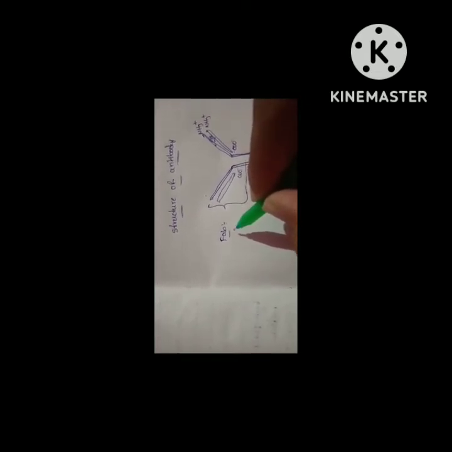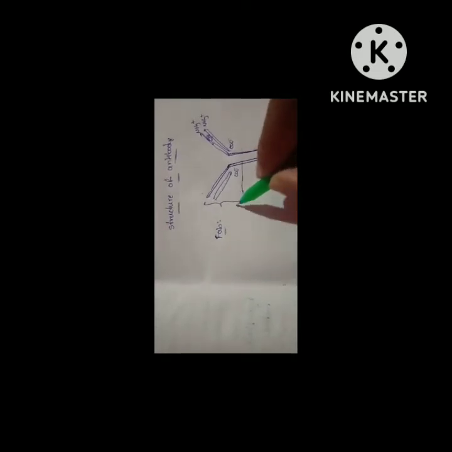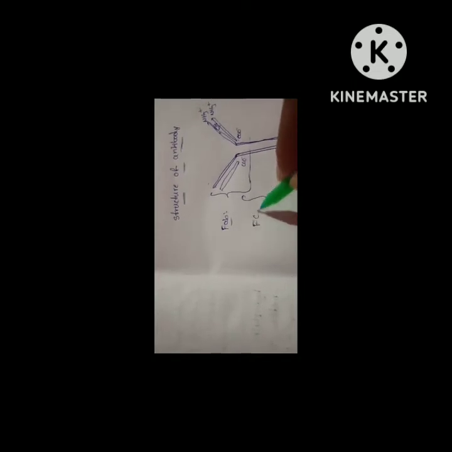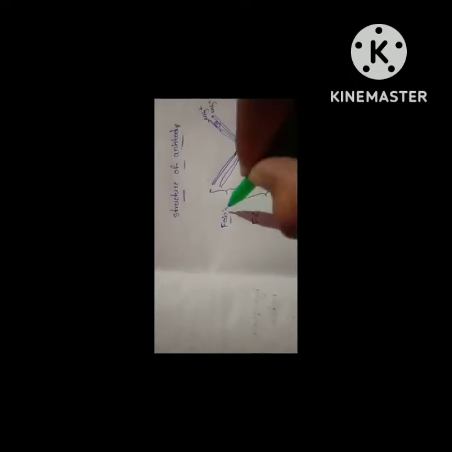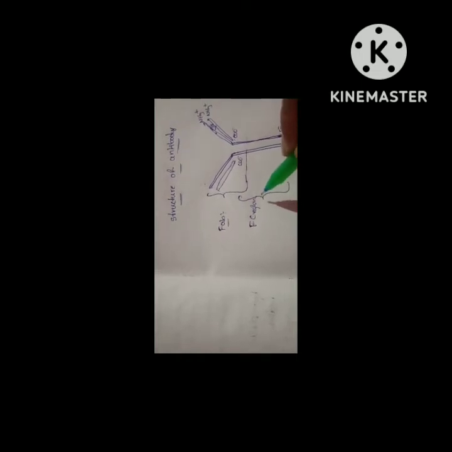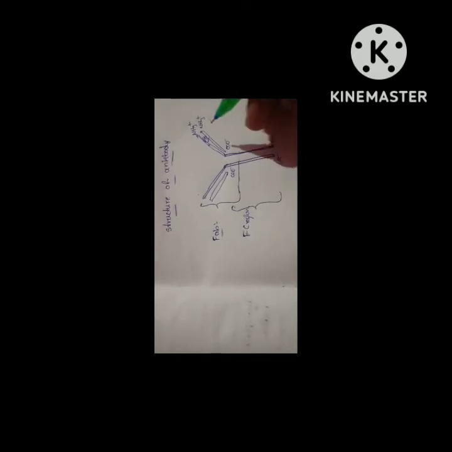FAB means fragment of antigen binding. The other one is called the FC region, which is the fragment of crystallization.